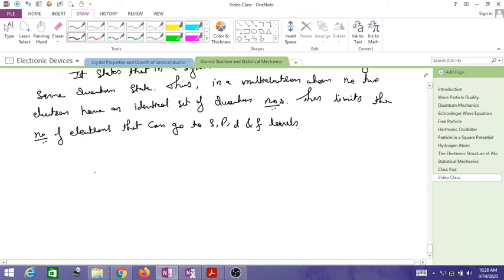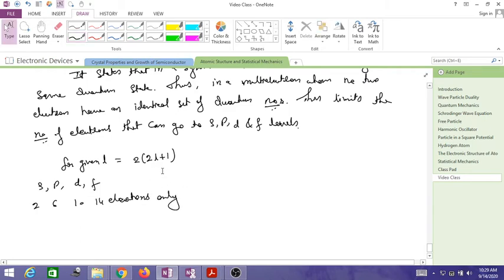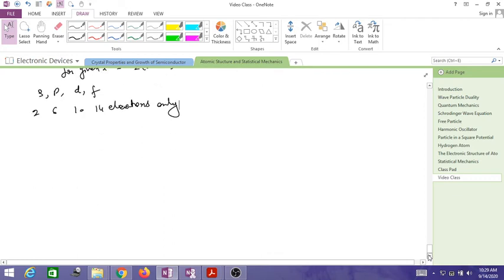Therefore the maximum number of electrons for a given L can be defined as 2(2L plus 1), and thus S, P, D, F can have a maximum of 2, 6, 10 and 14 electrons only. Got it? So this is with the Pauli exclusion principle.